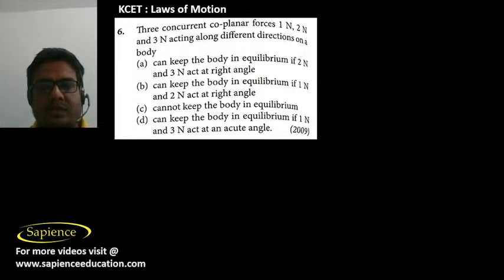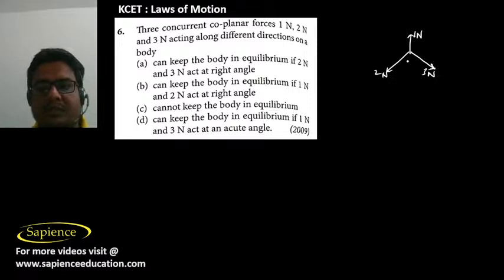So we have to find how the body can be in equilibrium. So 2 Newton, 3 Newton and 1 Newton, three concurrent forces, can be in equilibrium.